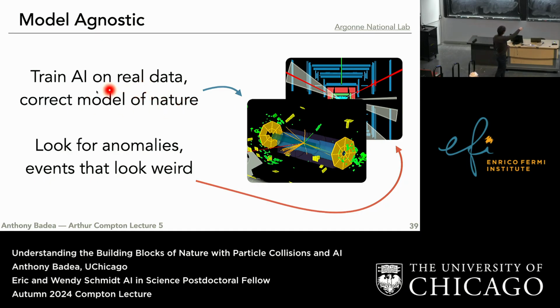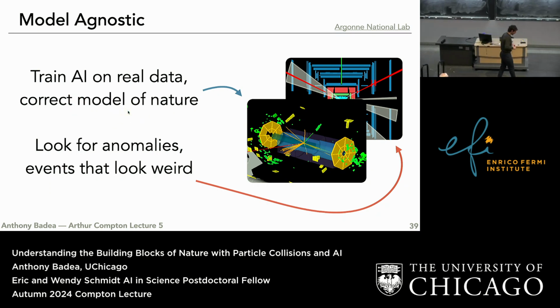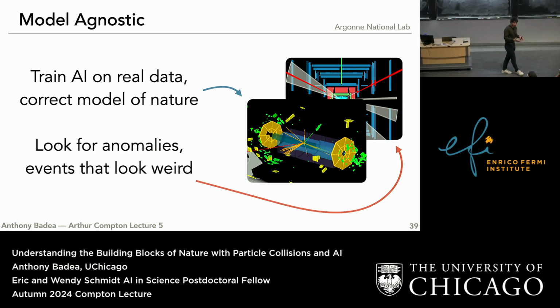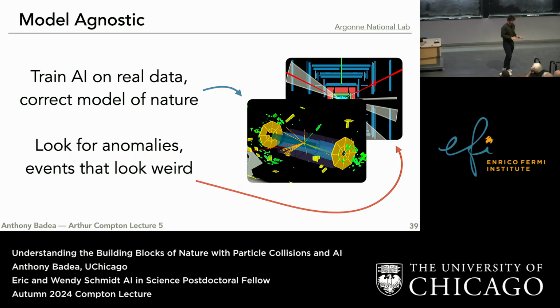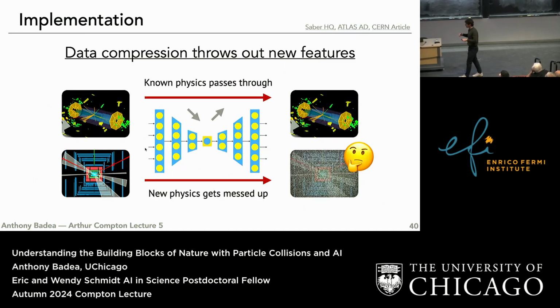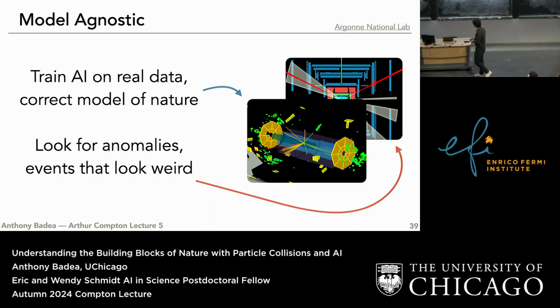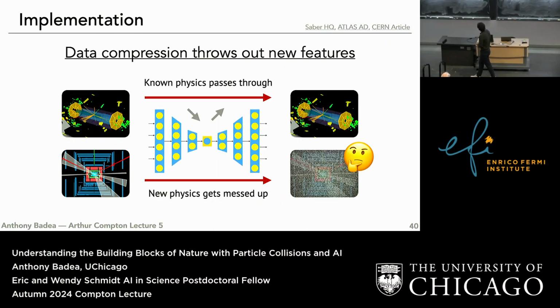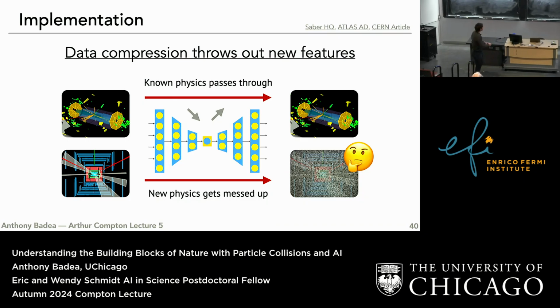Before, we were training algorithms on simulations of what we think is happening in nature. Now you train directly on data, so you teach your algorithms to just understand what's happening in the data. Then you look for times where you get two collisions that result in something weird, some type of event that doesn't look like everything else.